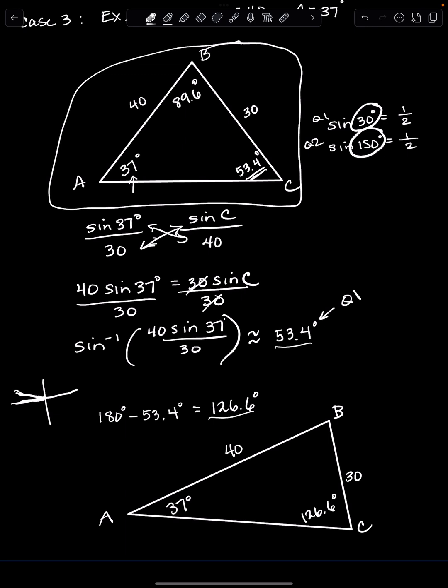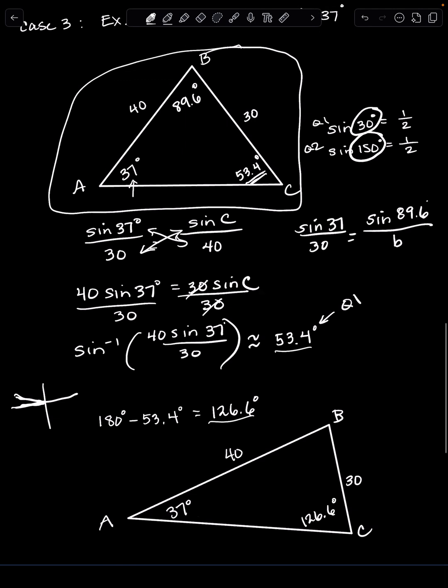So I'm going to use the fact that the sine of 37 over 30 has to equal the sine of B, which in this case is 89.6, divided by my unknown.